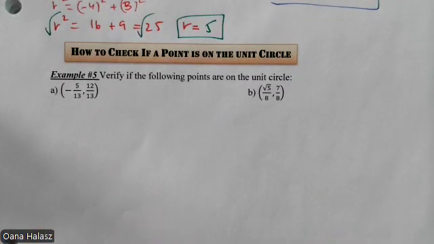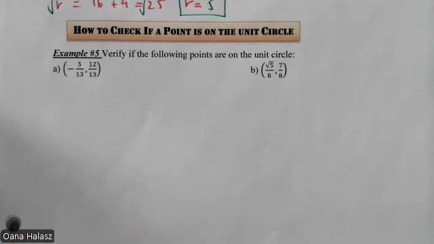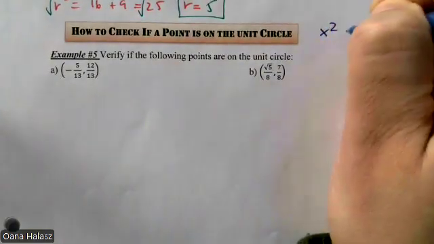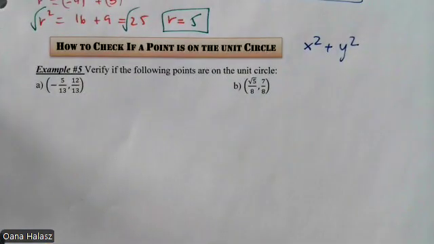Okay, now what are you going to do if you're asked if a point is or is not on the unit circle? Well, how do you know a point is on a unit circle? It has to match the formula of the unit circle. Which means if I take x squared and add y squared to it, I always will get 1, right?